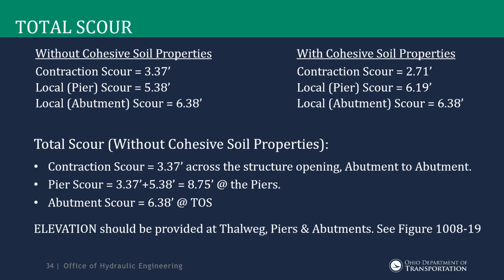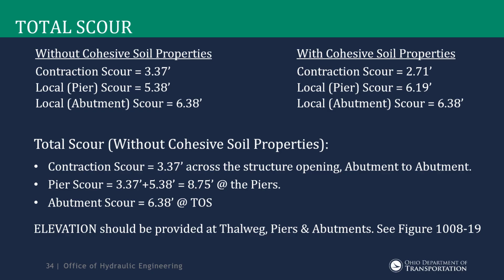So here's our total scour. So without the cohesive soil properties, we can see that the contraction scour is greater than with cohesive soil properties, which is usually always the case, and it's more visible to see the differences with greater flow.